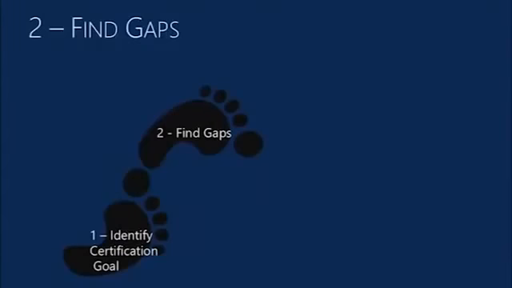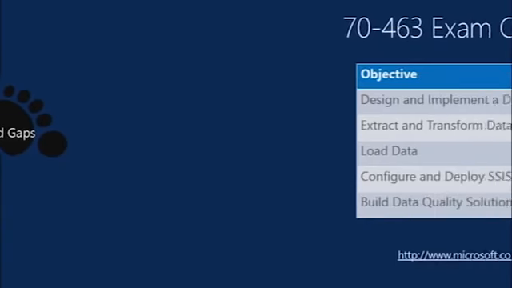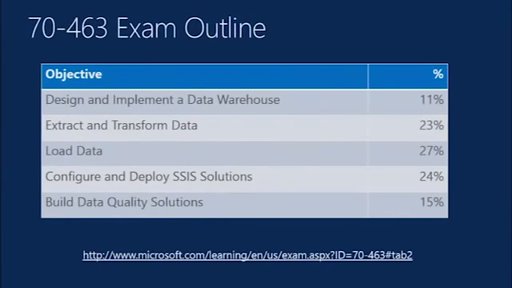All right. Let's go ahead and dig a little bit deeper into the exam itself. One of the things you're going to notice if you head over to the URL listed at the bottom is the outline, or what's sometimes known as the objective domain for the exam. What you're going to see on the objective domain is a breakdown of what's on the exam.